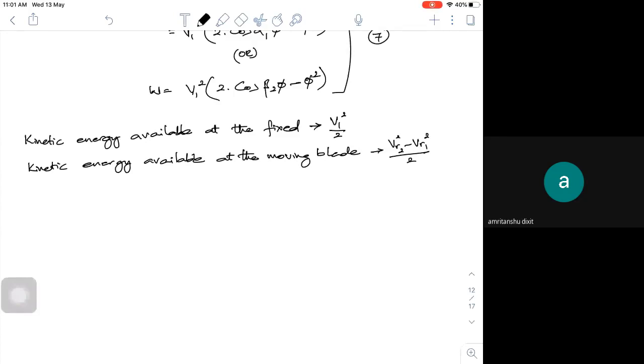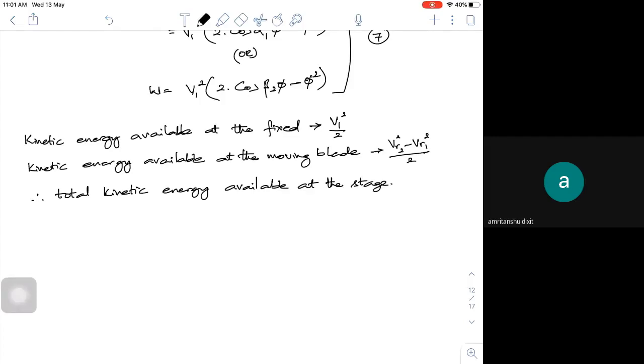The total kinetic energy available at each stage. The stage consists of both your fixed and your rotor.